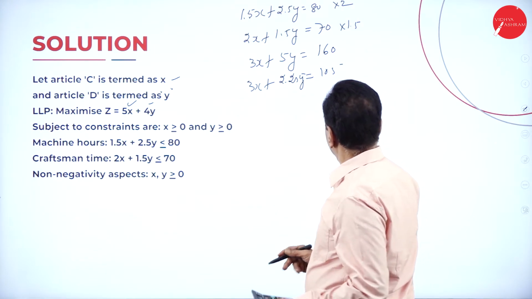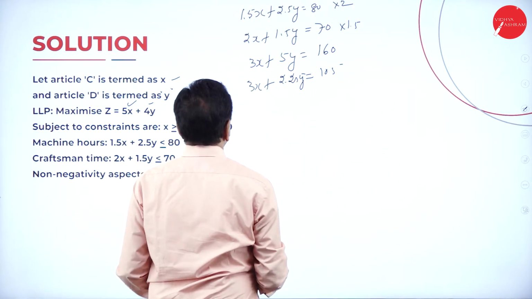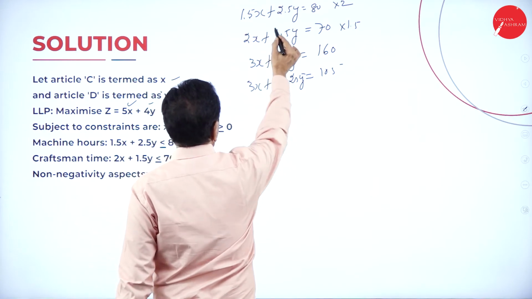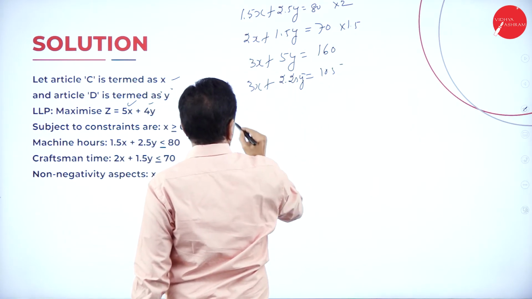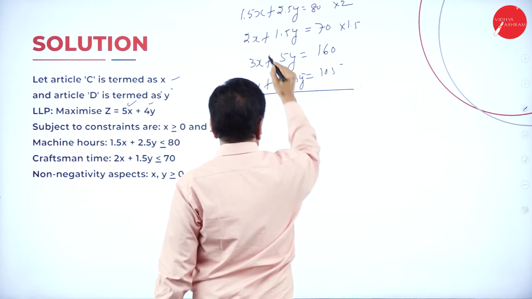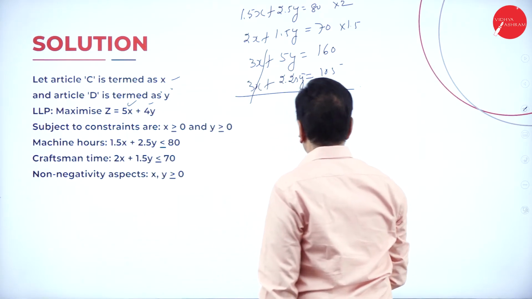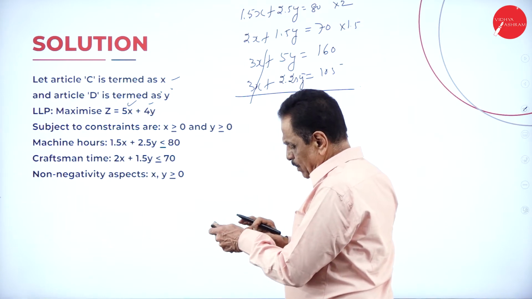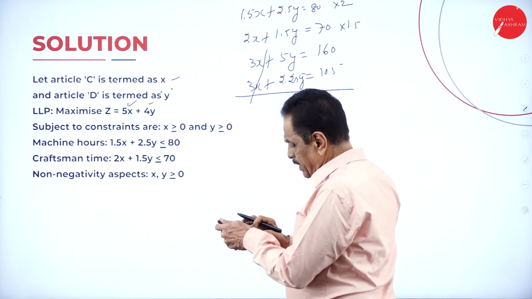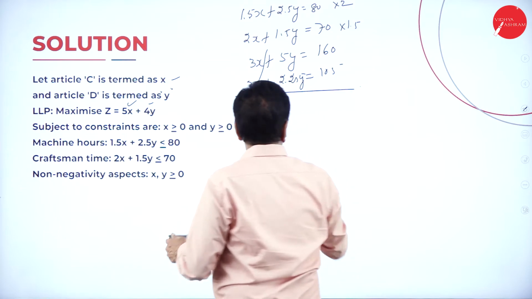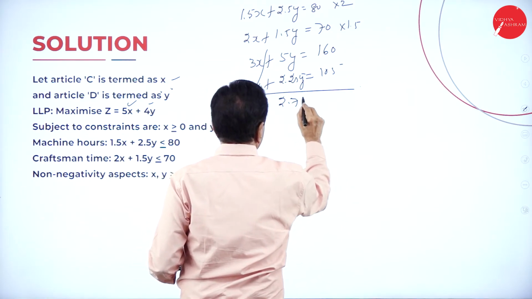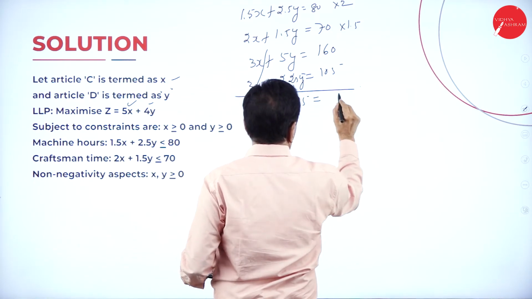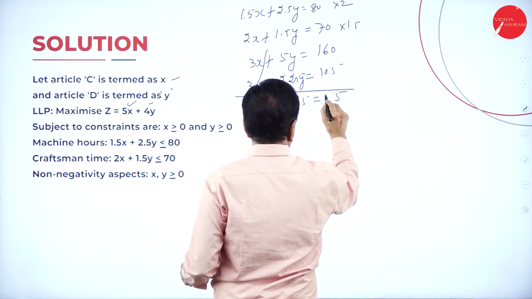So 3x plus, you take the second one here, cancel that. 5 minus 2.25 is 2.75y is equal to 55.